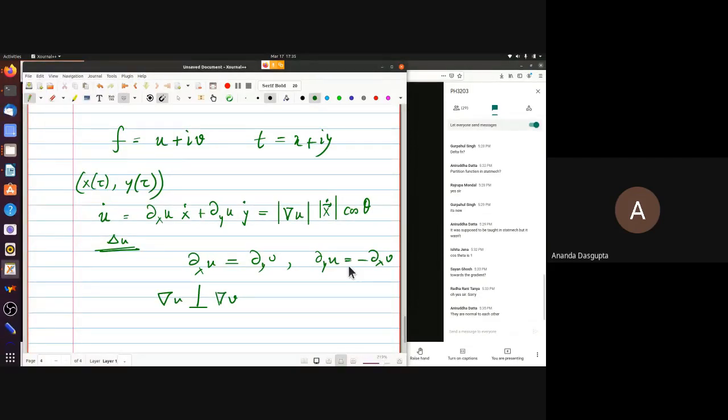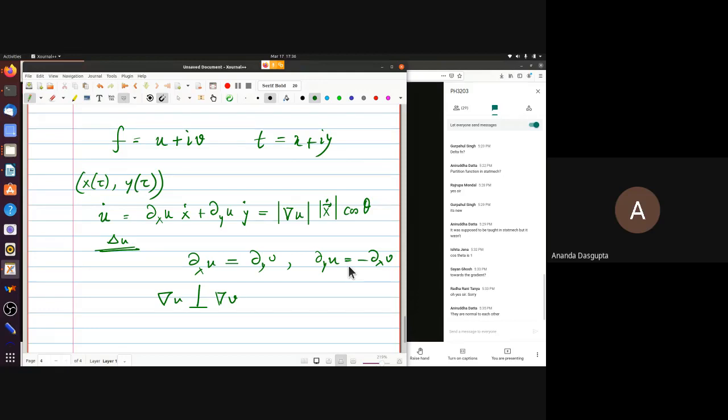So notice that if you are moving in a direction in which u changes most rapidly, then in that direction v doesn't change, at least to first order, and vice versa. Okay, so you can keep either the real part or the imaginary part at least stationary, if not completely fixed, but at least fixed to first order, and change the other component, depending on which way you're moving most rapidly.